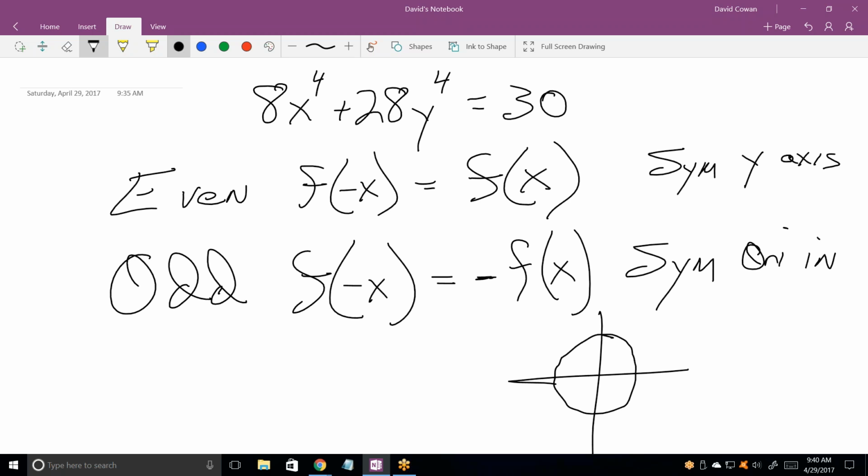Well, the equation of a circle is x squared plus y squared equals r squared. Okay. So, if I plug in a negative x for x, I get the same equation. So it's got symmetry about the y-axis.